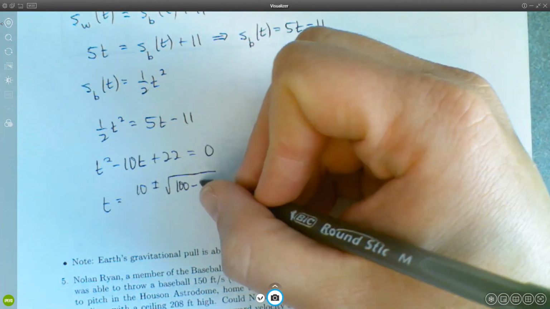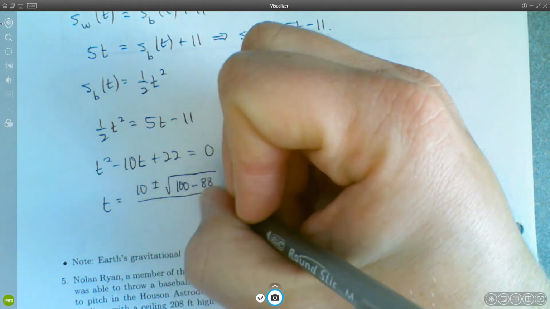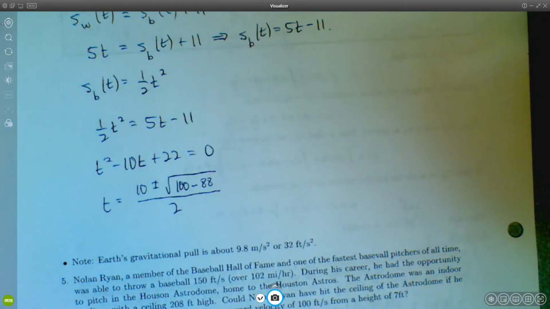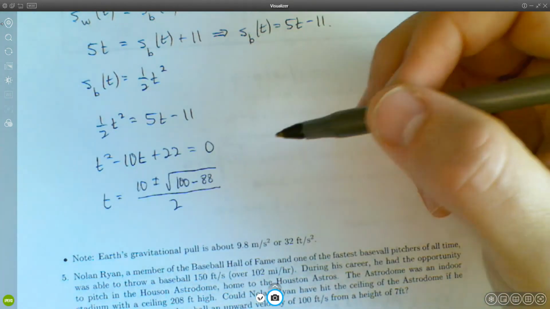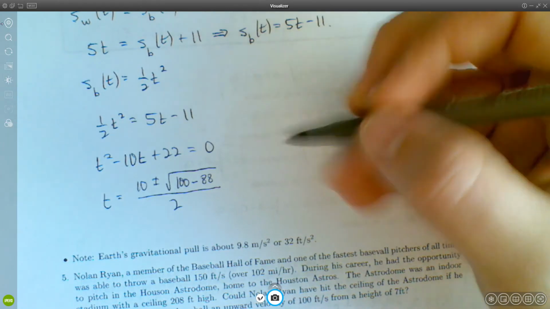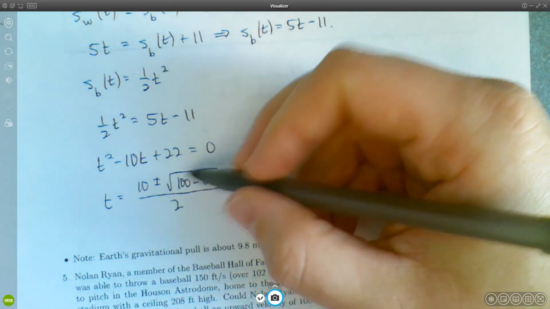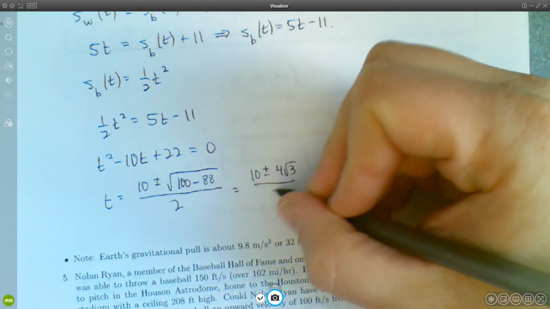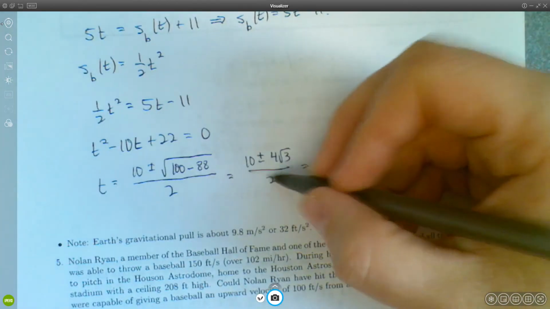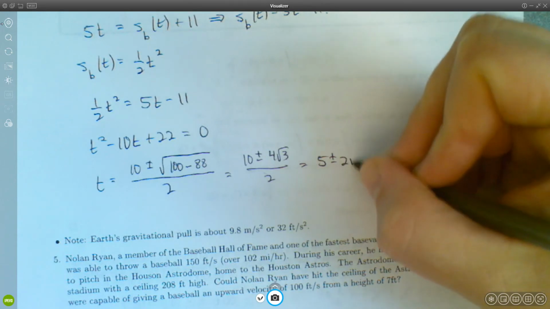So 4 times 22 is 88, over 2a. Okay. 100 minus 88 is 12, right? So this is 10 plus or minus square root of 12, which would be 4 root 3. Or if you prefer, we can reduce by 2 and call this 5 plus or minus 2 root 3.